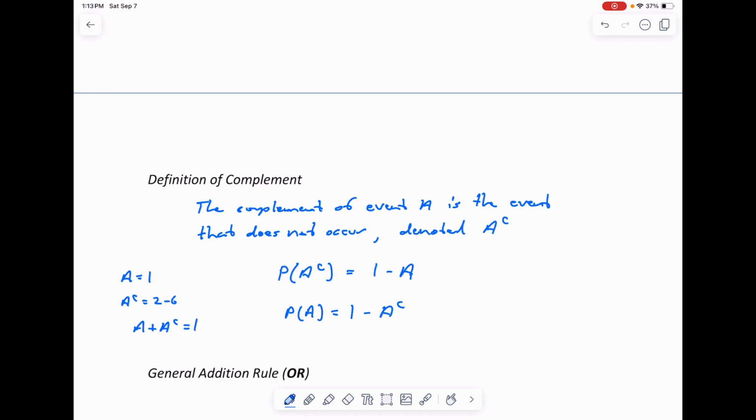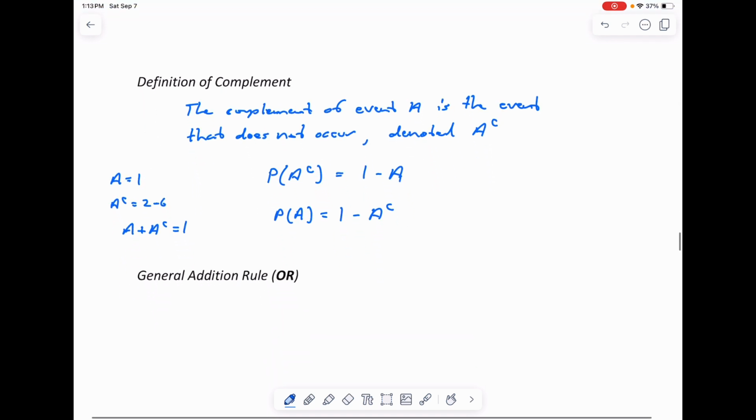But if I was dealing with something much larger, or much more complicated, it would be easier, rather than finding the individual probabilities and adding them together, to find the probability of 1 and just subtract it from 1. Because if I find the probability of 1 and subtract from 1, that gives me everything else, 2 through 6. We'll see an example of that in just a little bit.